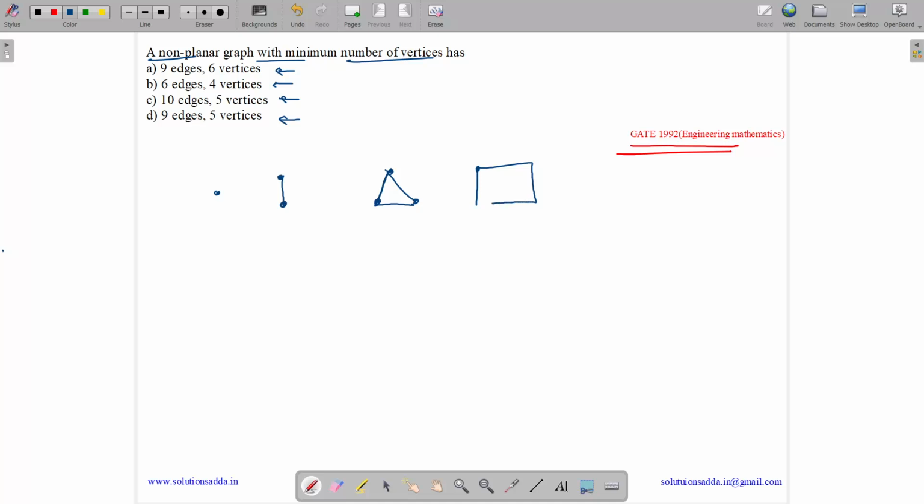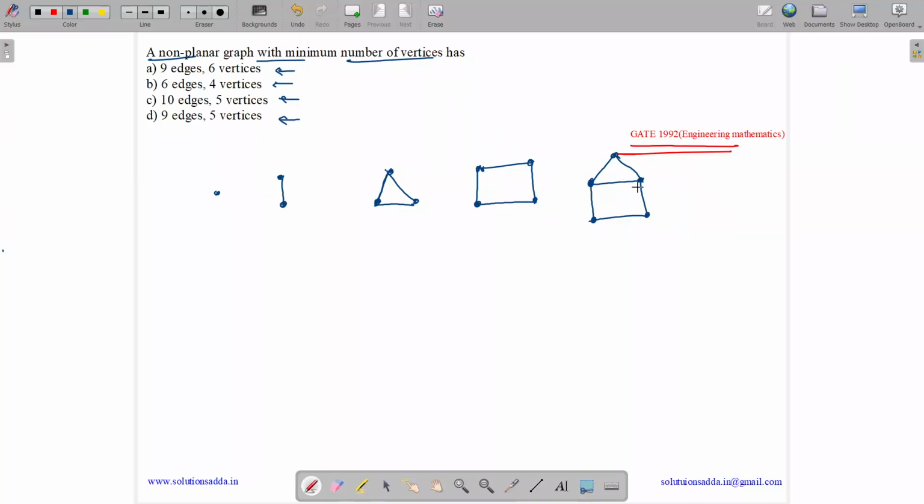4 vertices and 4 edges. Whether it's planar or not, yes, it's planar. Now let us see 5 vertices. We have 5 vertices. Now it's asking for the non-planar graph with minimum number of vertices.